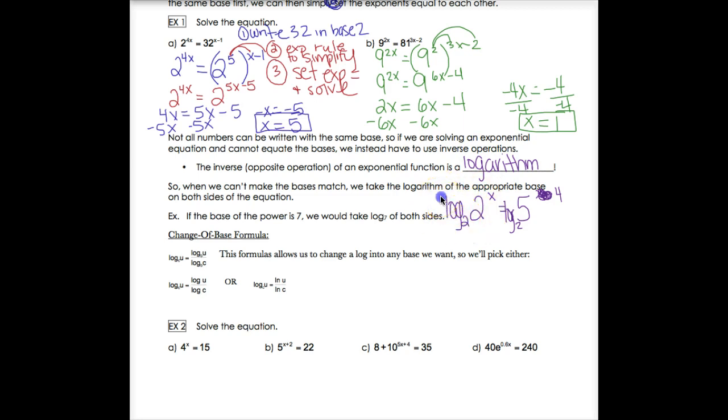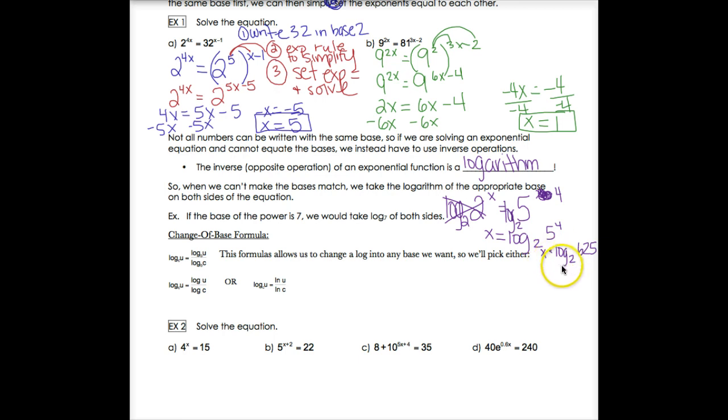Bases match, so the log and the bases cancel. So I know that x equals log base 2 of 5 to the 4th. Now I can figure out what 5 to the 4th power is. It's 625. But even that doesn't necessarily help me because I've got log base 2 of 625.